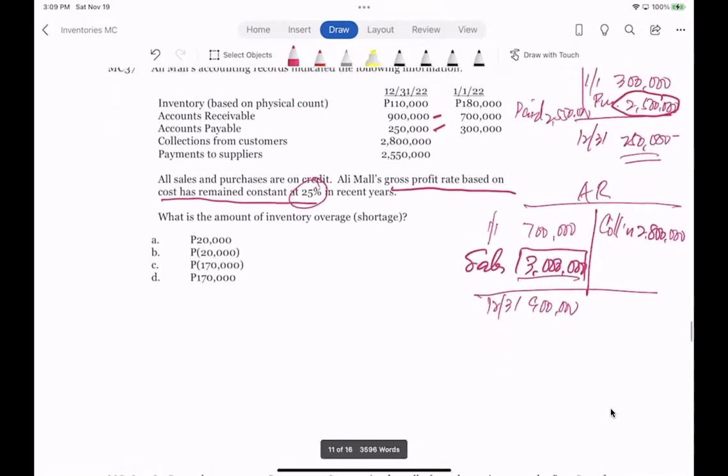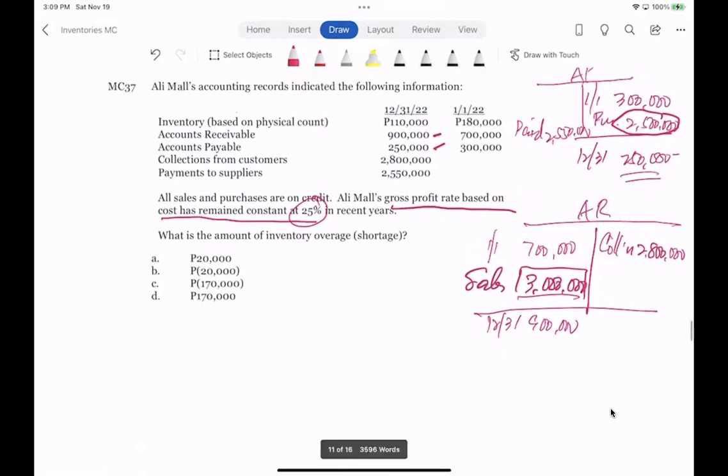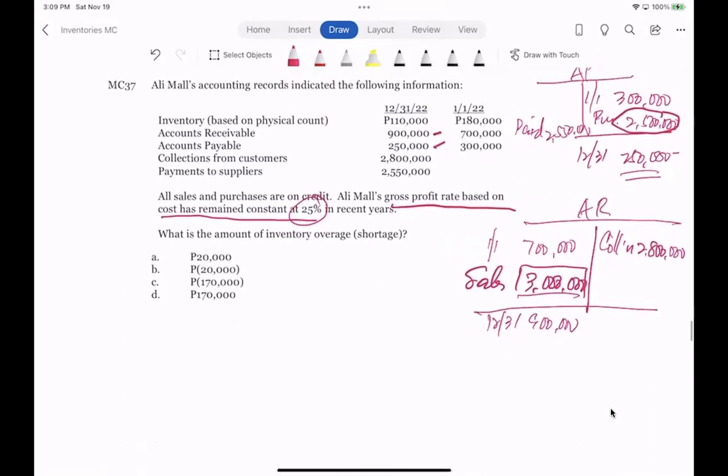Okay, so to compute our inventory, so inventory January 1 is 180,000. Add purchases determined using your accounts payable. So that's 2,500,000.